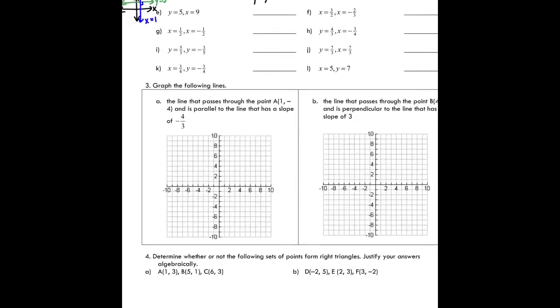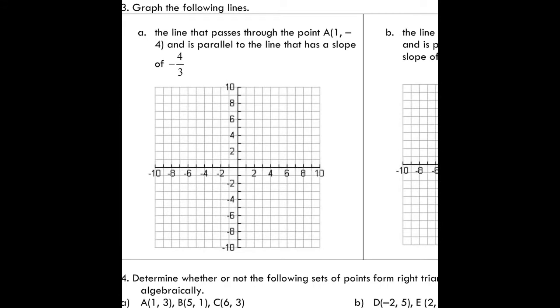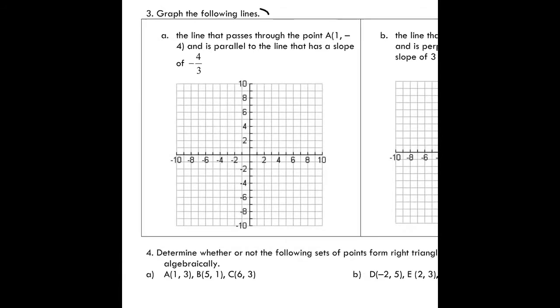It says, the line that passes through the point A, 1 and negative 4, and is parallel to the line that has a slope of negative 4 over 3. So you are supposed to graph the line. So what did they give me? What's some information that they gave me that I need? I know that this line I'm going to graph passes through 1 and negative 4.